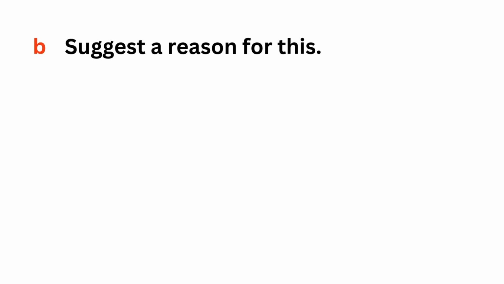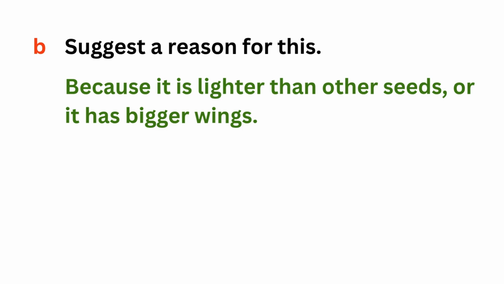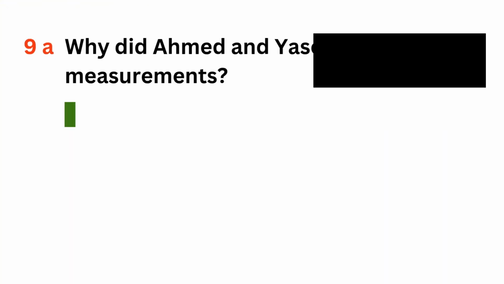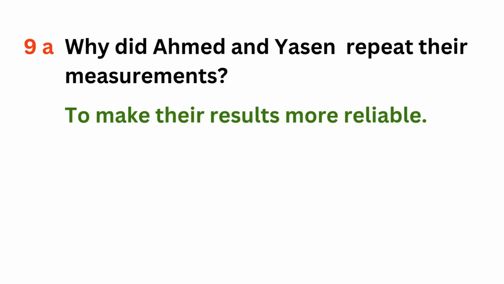Question b. Suggest a reason for this. Because it is lighter than other seeds, or it has bigger wings. Question number 9a. Why did Ahmed and Yasin repeat their measurements? They repeat their measurements to make their results more reliable.